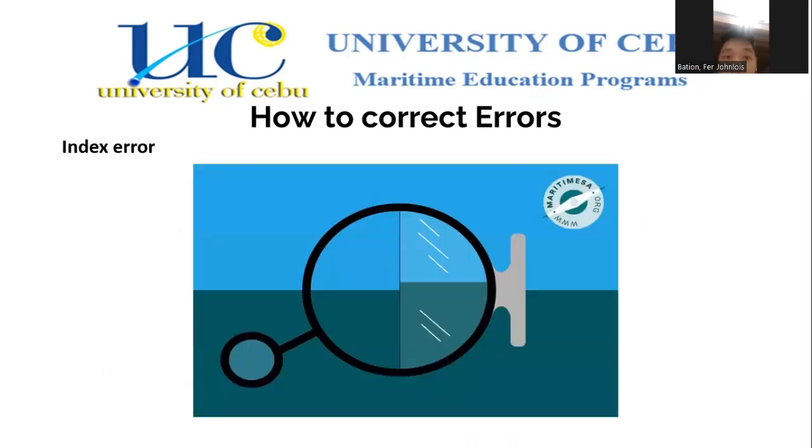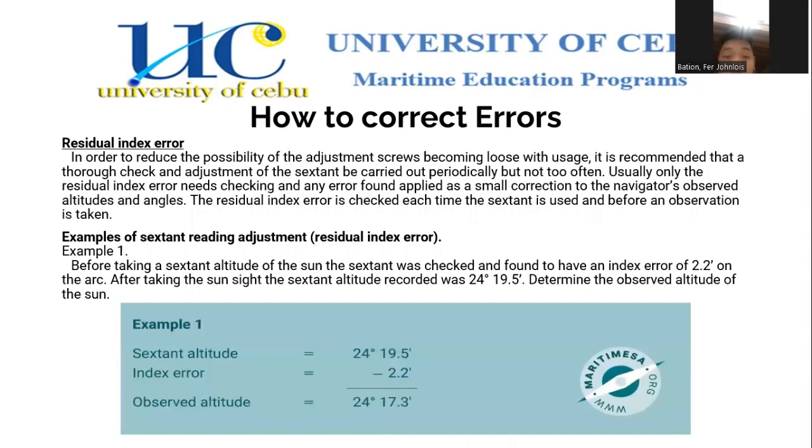Next slide, please. So, residual index error. In order to reduce the possibility of the adjustment screws becoming loose with usage, it is recommended that a thorough check and adjustment of the sextant be carried out periodically but not too often.